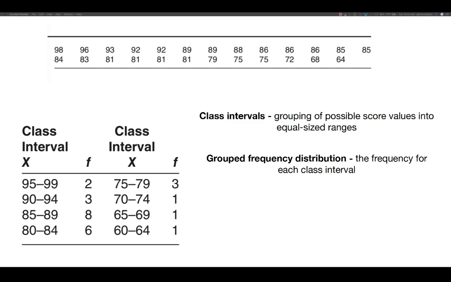Therefore, the real limits of the class interval are 79.5, the lower real limit, and 84.5, the upper real limit. Because in general, the real limits are just half a unit above or below the apparent limits, whatever the unit of measurement happens to be.